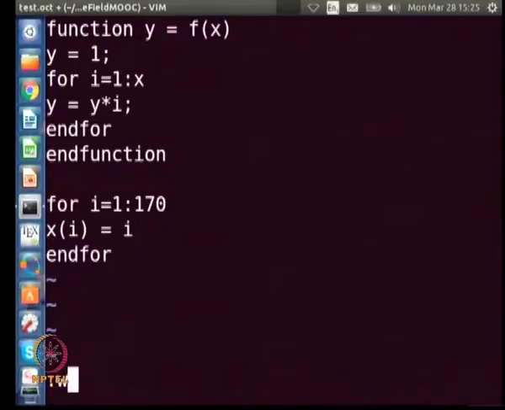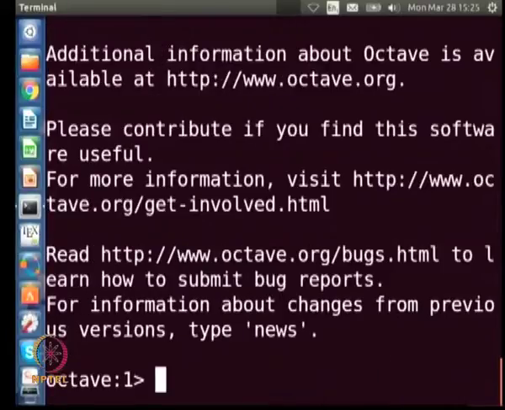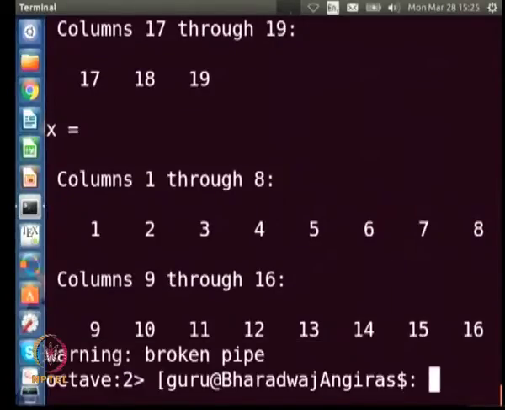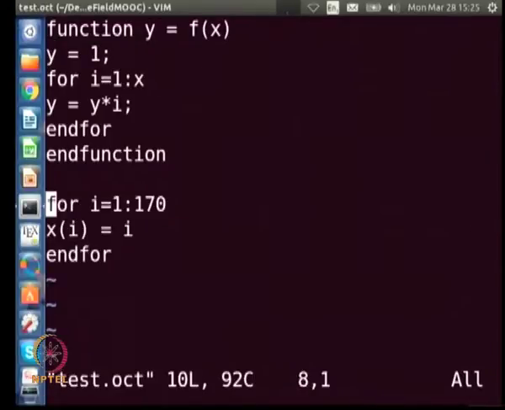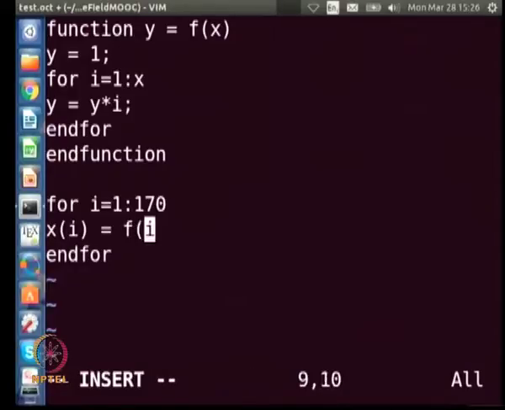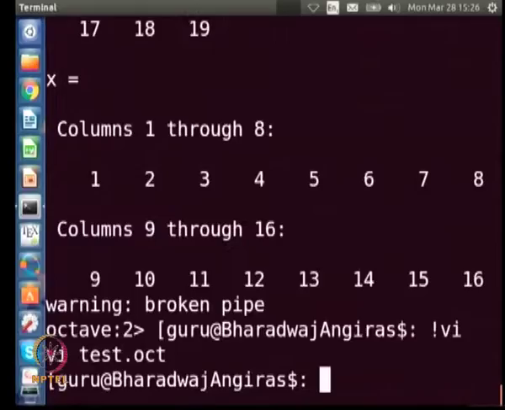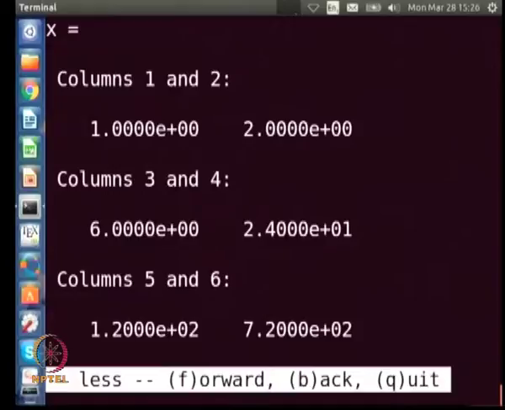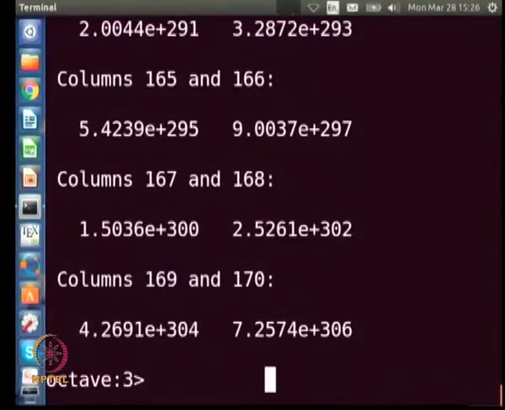Let me run this and see. So x is now stored.